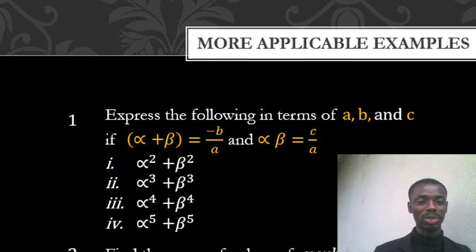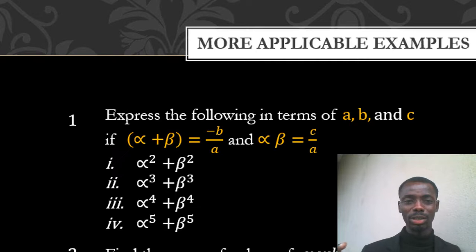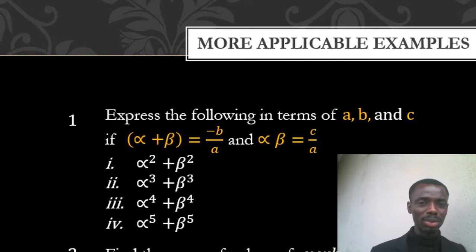It's not because they are hard, but I just try to use many approaches in getting this work done. Alright? Let me not waste our time. Let's dive directly into the work.